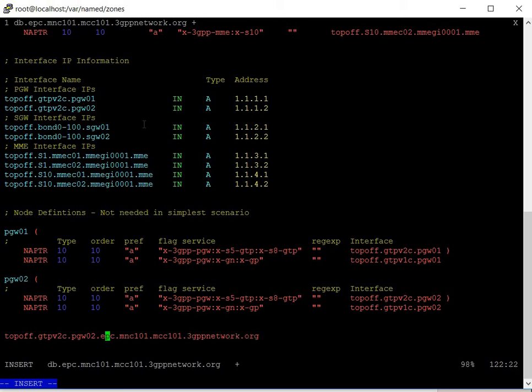The way that this works, this topoff is a special indicator, which we'll talk about in scenario 2. That is stripped off. This GTP v2c is recognized as the interface for the node, and then everything between this and EPC is understood automatically to be the canonical node name within that particular PLMN.